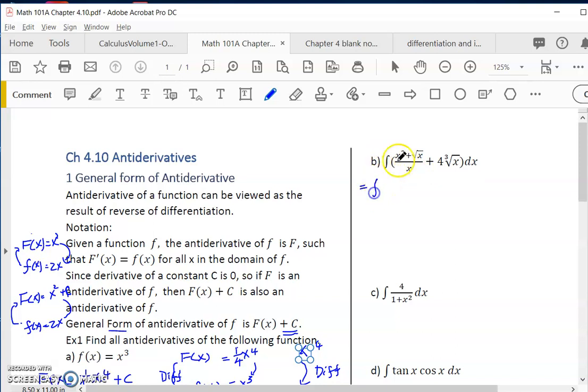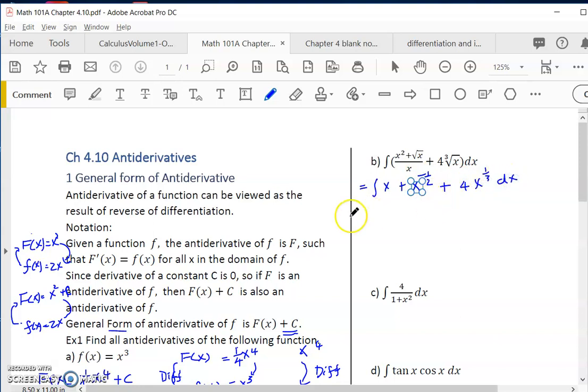So what you do is you just simplify them: x squared over x being x. And then square root x over x is x to the 1/2 over x, which is 1 over square root x, or x to the negative 1/2. Maybe I should write x to the negative 1/2, right? 1/2 minus 1 is negative 1/2, plus 4 x to the 1/3, right? dx.